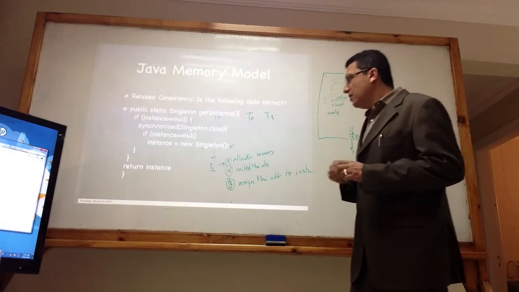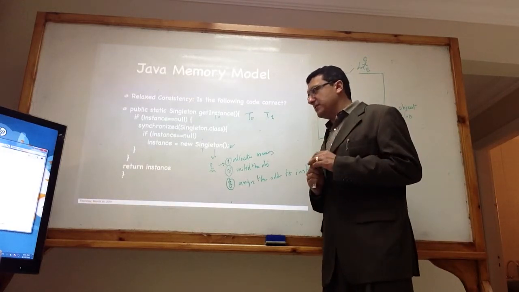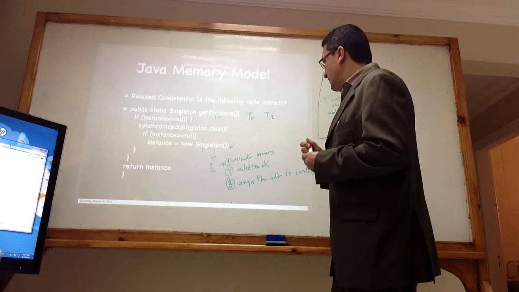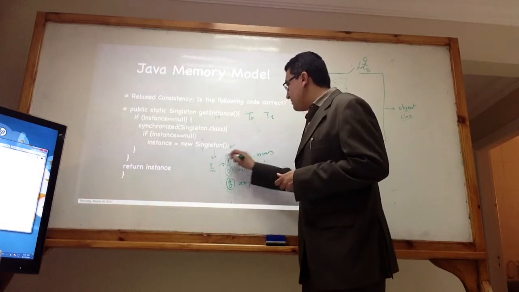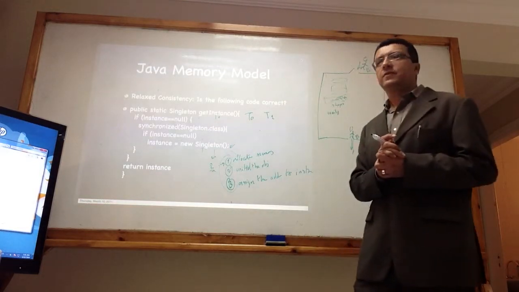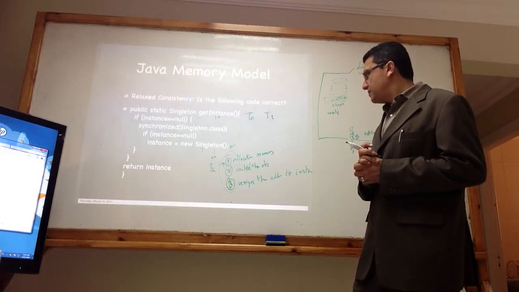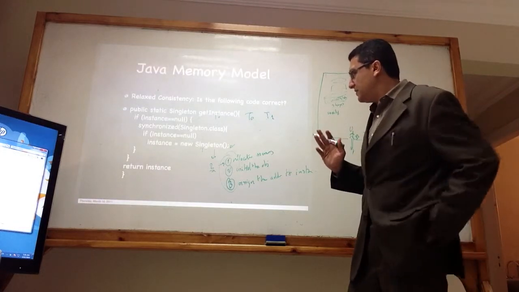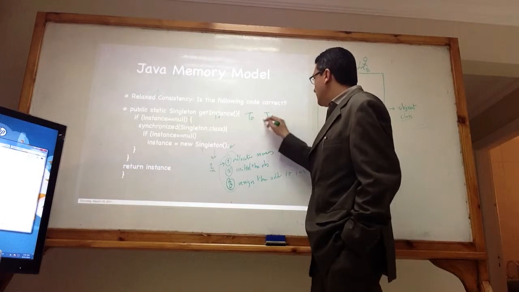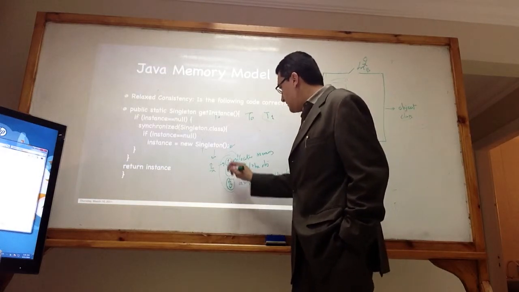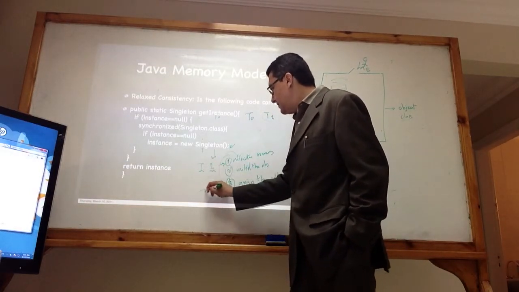Now, because there is relaxed memory consistency, Java can freely change this order as much as it likes. So what can happen here is that maybe T1 would observe that number 3 happened first, before number 2.